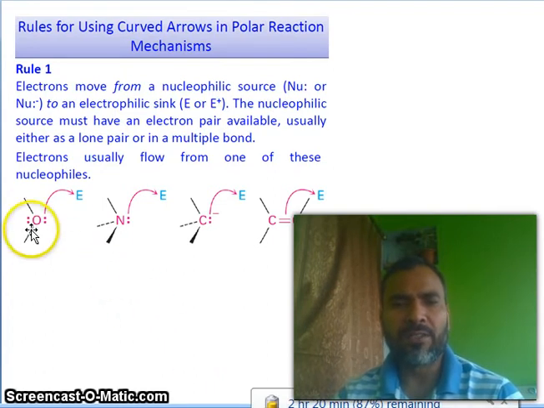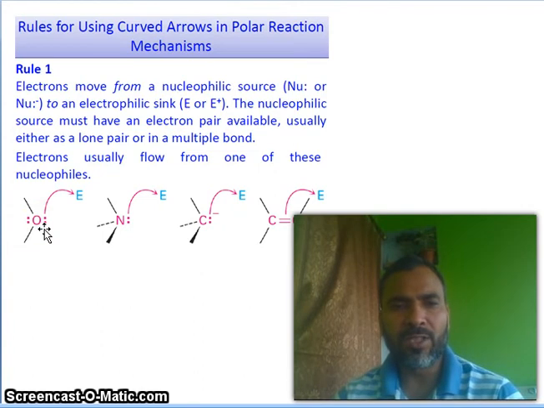You can see here, this is Nu with two dots, which means this is the nucleophilic center. So how do we use the curve? The tail part is on this lone pair of electrons, and the head part of the curve goes to the electron deficient center, meaning the electrophile. Same here, you can see this lone pair, with the tail part of the curve on this lone pair of electrons and the head part of the curve on the electrophile.